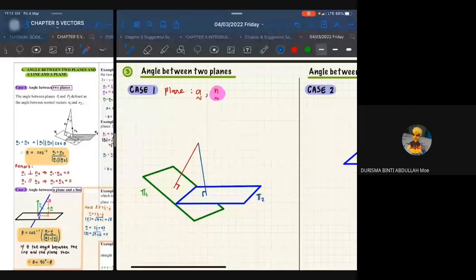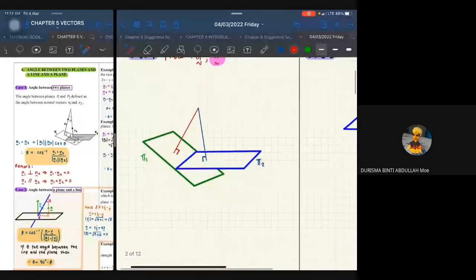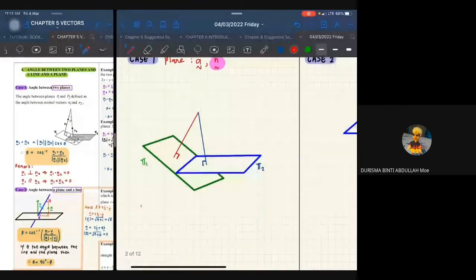Dulu masa kita dekat dalam chapter 5.1, awak belajar pasal dot product. So formula untuk dot product is n1 dot n2 is equal to the magnitude of n1, n2 cos theta.